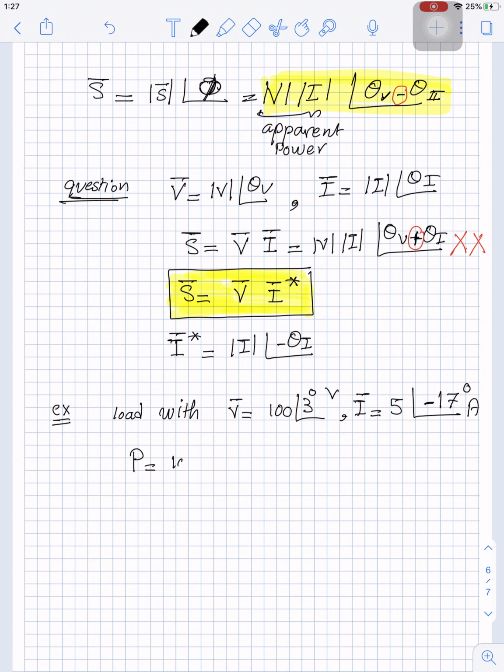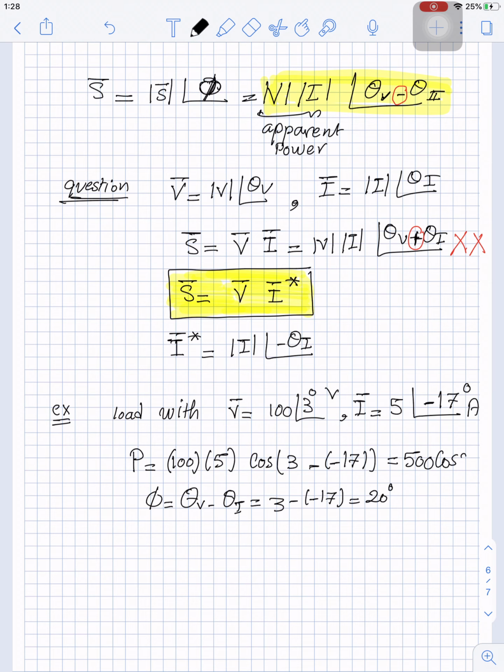We take magnitude V, which is 100, multiplied by magnitude I, which is 5, then multiply by cos of the angle of V, which is 3, minus the angle of I, which is minus 17. So phi equals 3 minus negative 17, equal to 20 degrees. So P equals 100 times 5 times cos 20, or 500 cos 20.